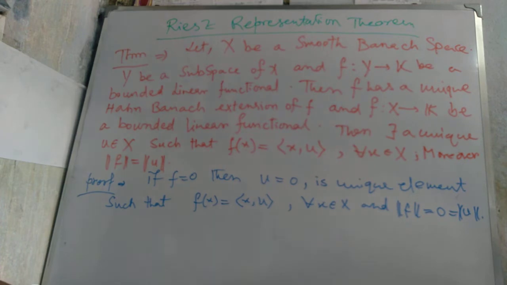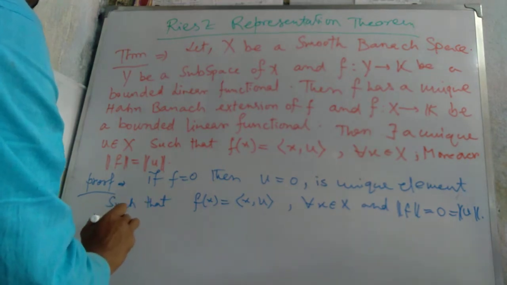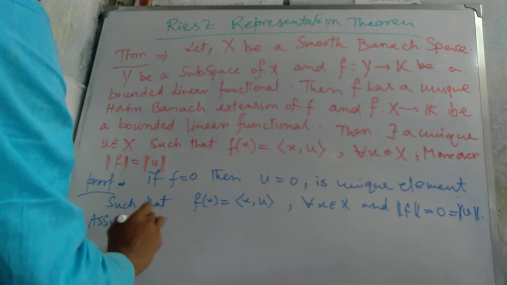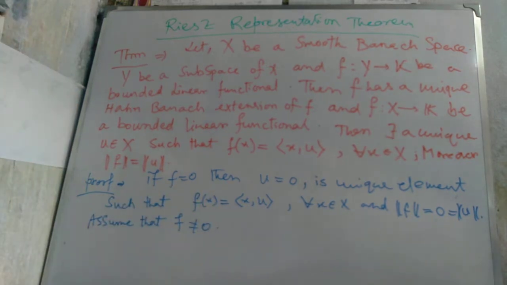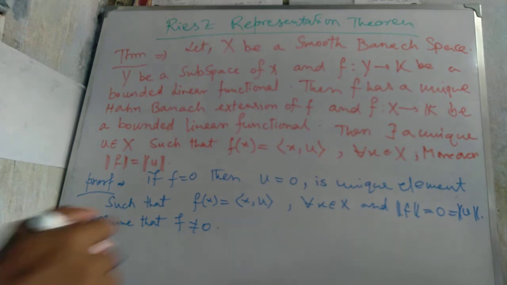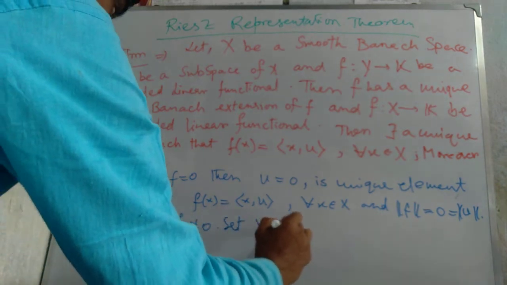Now we go to another assumption. Assume that f is not equal to 0. Then what happens? If f is not equal to 0, set Y equal to the null space of f.